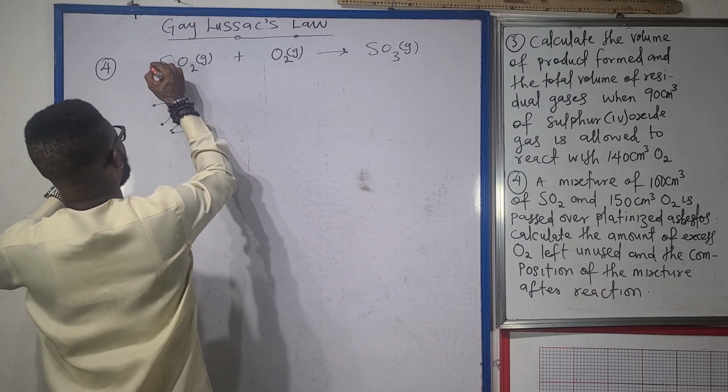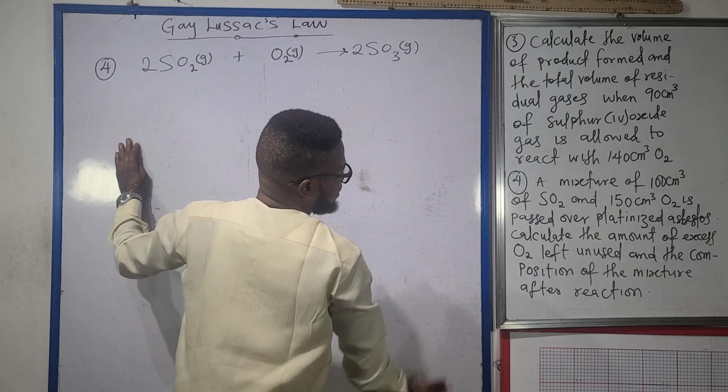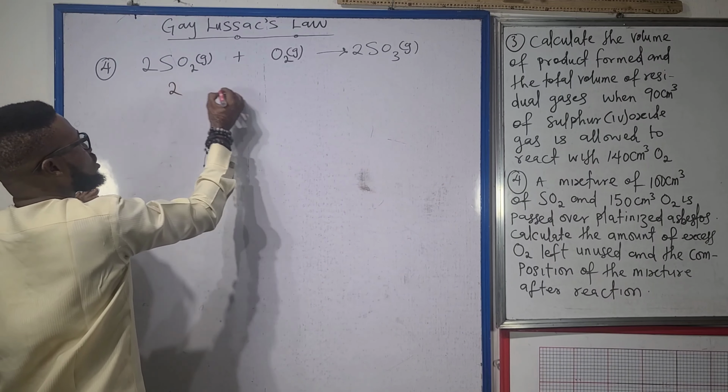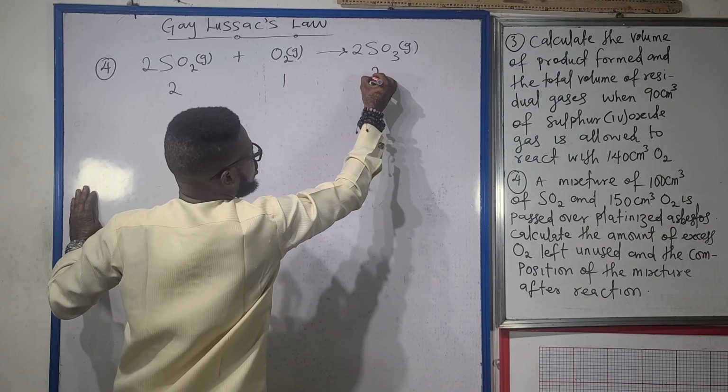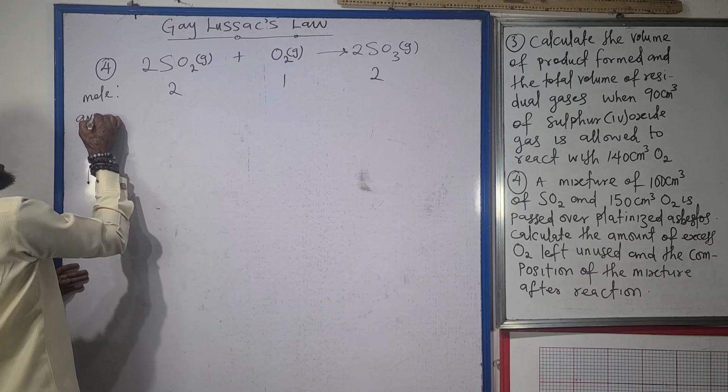To balance, this will be 2 and this will be 2. This is a balanced equation. So the mole ratio is still 2 to 1 to 2. We were told that a mixture of 100 cm³ of SO2. So the mole ratio is 2 to 1 to 2. What is available here?